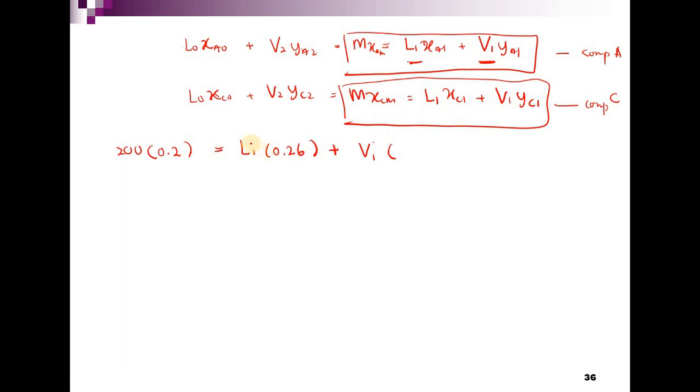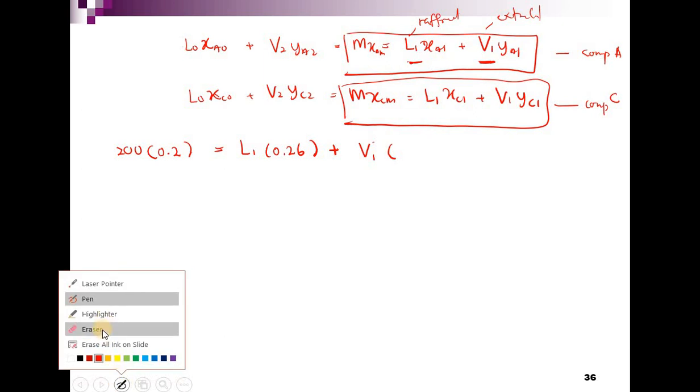L1 is raffinate and V1 is extract. Okay, I think I put the wrong value.